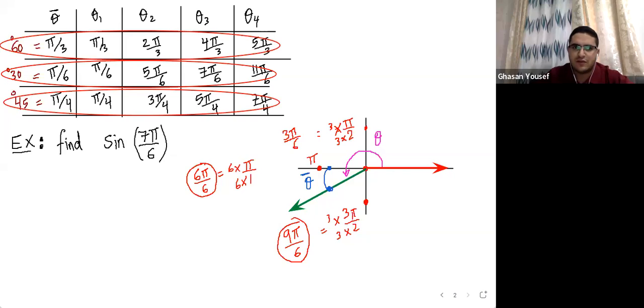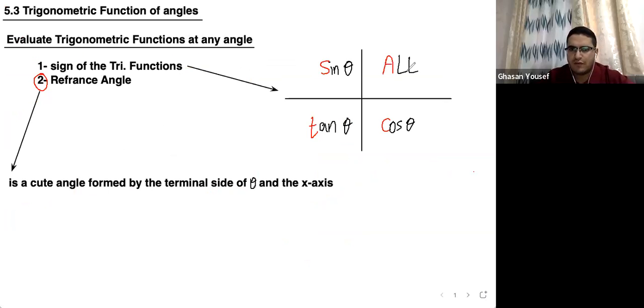So let me write first of all the location for this angle. It's in the third quadrant. So, number one, the sign of the sine function in the third quadrant. Is it positive or negative? Going back to the table, here all functions are positive, here only tan is positive.